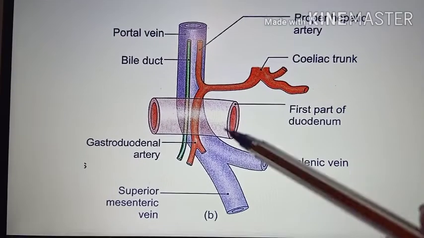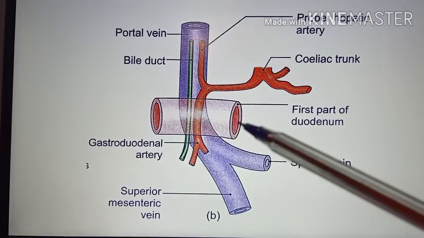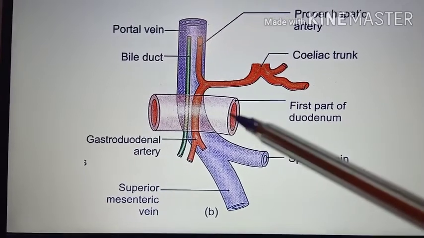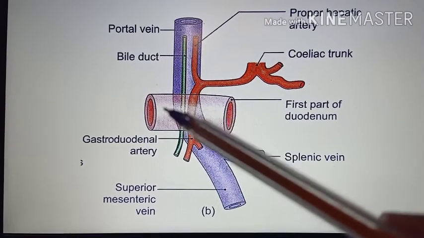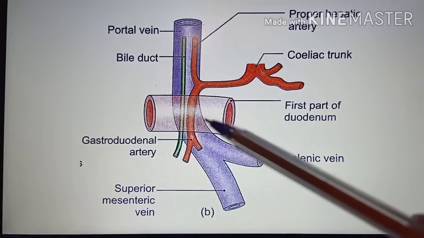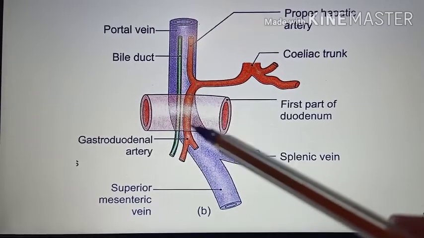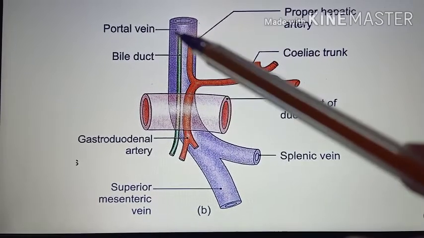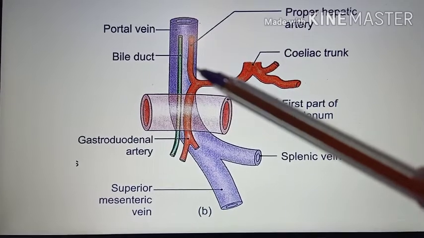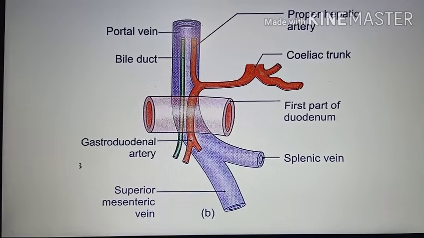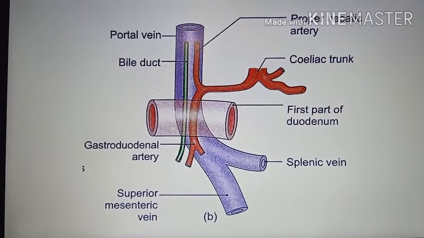In this picture, the posterior relation can be better viewed. This was the first part of the duodenum. Behind that you have the gastroduodenal artery, bile duct, then the portal vein, and also behind it will be the inferior vena cava.